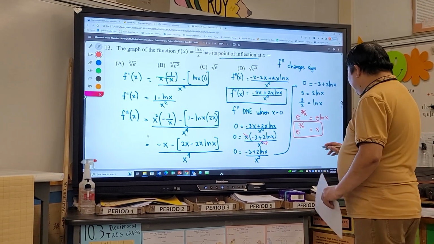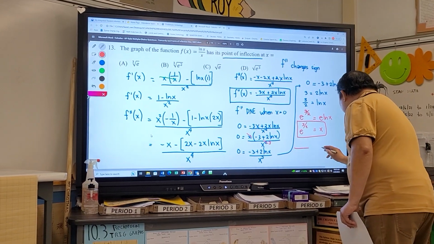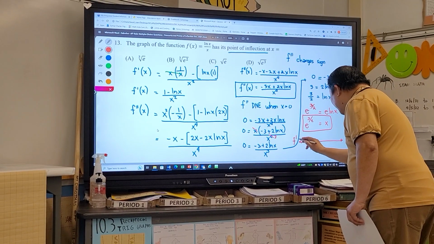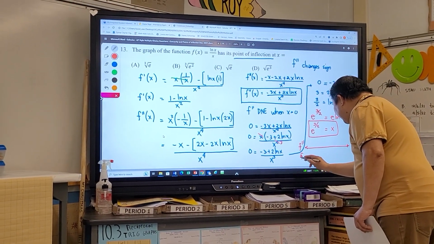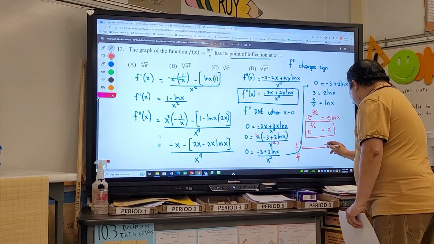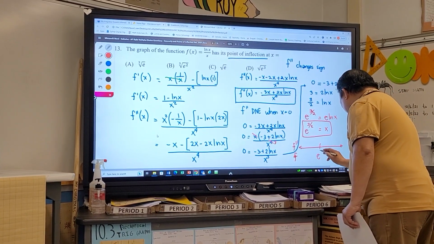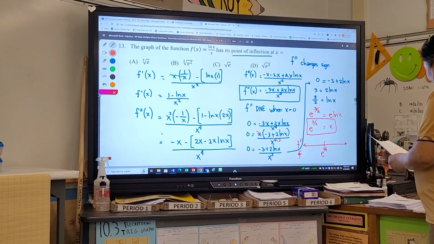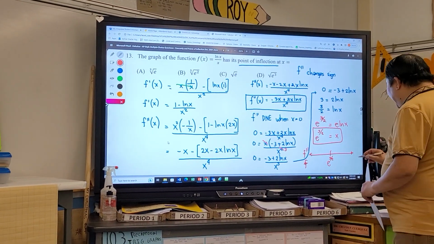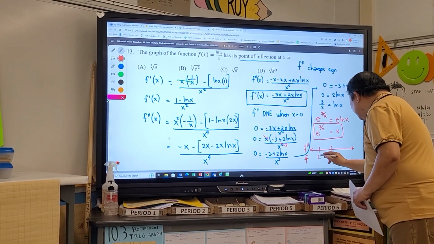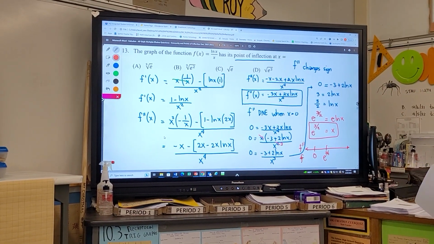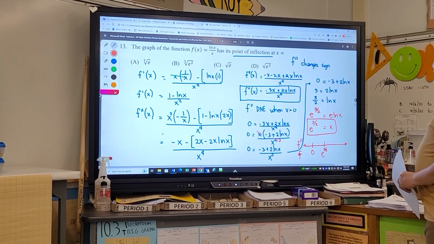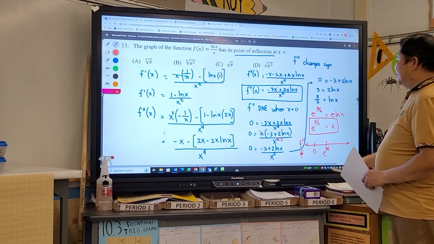So if we do the f double prime line, we have f double prime, and we're gonna have e to the power of 3/2, and then 0 also. That means we're gonna have to test right here.